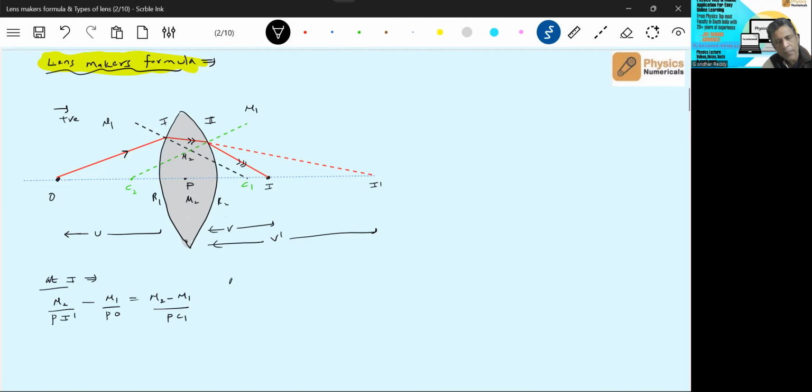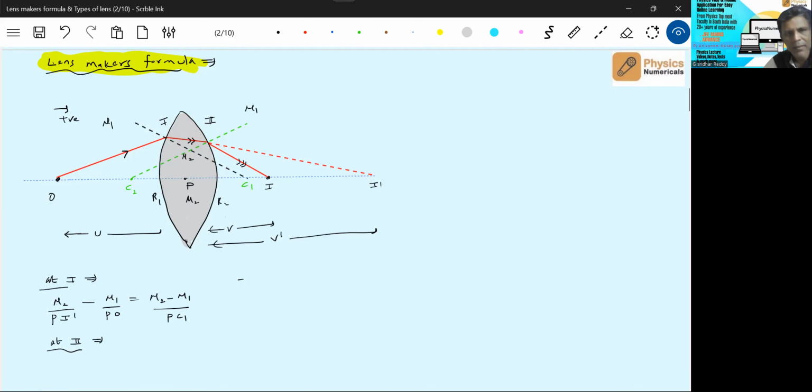Again, at the second surface, this I dash will become the image for the first surface, and the same I dash will become the object for the second surface. So again, let's apply the refraction at spherical surface formula.